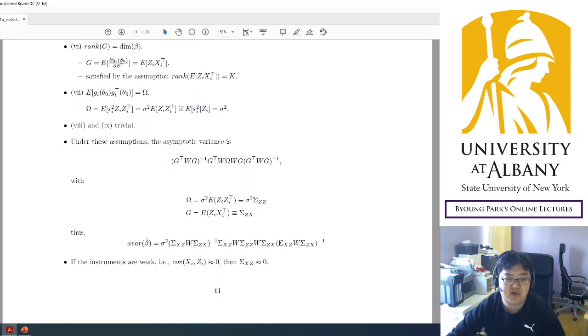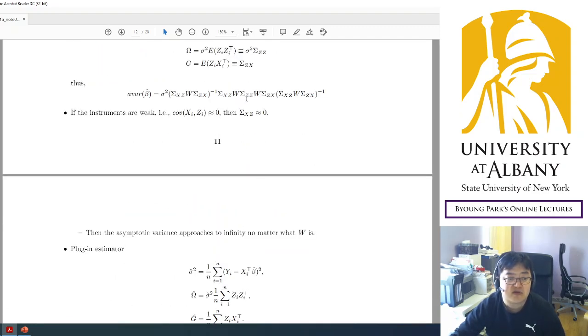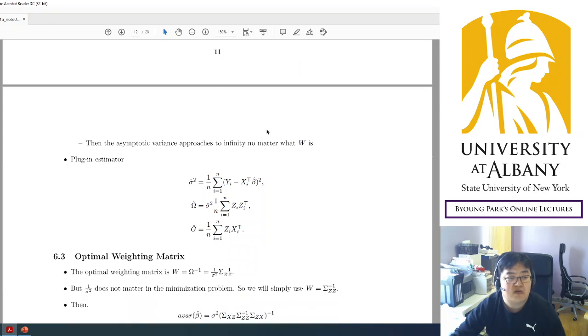No. This is 0, this is 0, this is 0. So four of them are in the denominator and only two of them are in the numerator. So when it converges to 0, the denominator goes to 0 faster. Therefore, the asymptotic variance will converge to infinity. So weak instruments may cause some problem. Okay, it's a connection to the earlier topic.